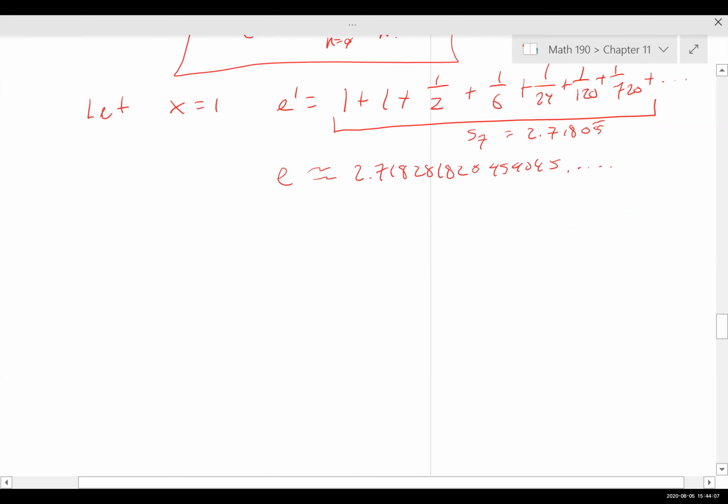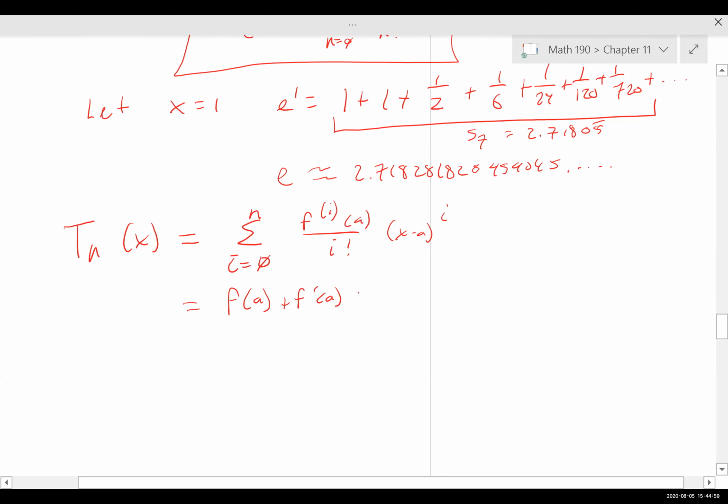Okay, let's see what else we got here. T sub n of x is equal to the summation of i equals 0 to n of f to the ith derivative of a, all over i factorial, times x minus a to the ith degree, which is equal to f evaluated at a, plus f prime of a times x minus a.